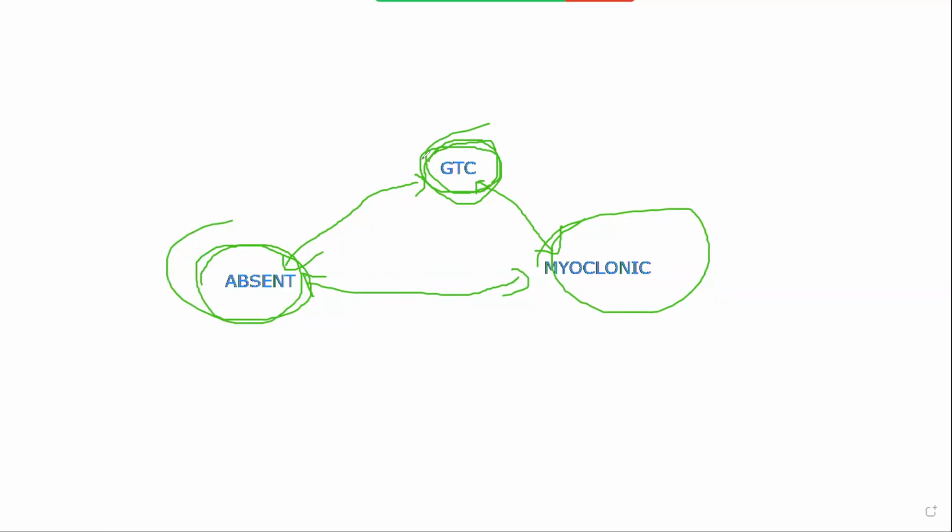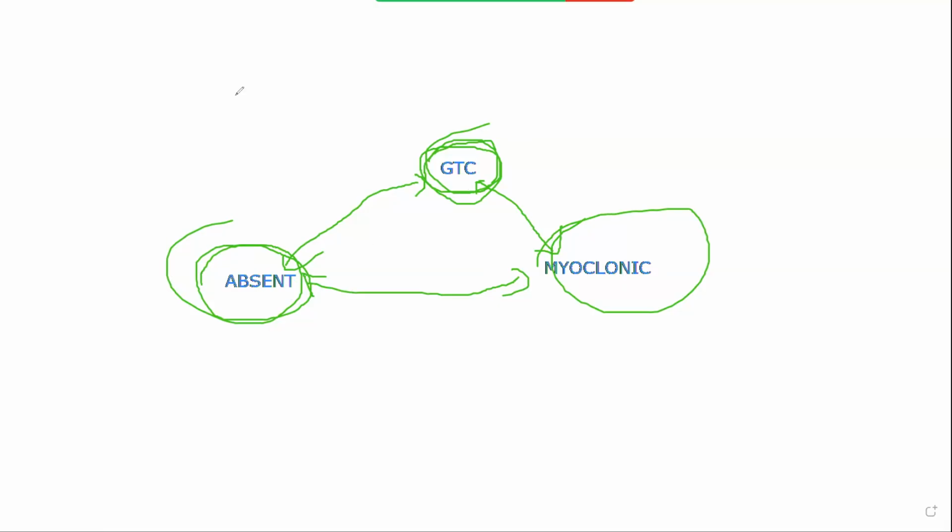Okay. Generally, these generalized tonic-clonic seizures are the more dramatic ones. So even if they have one of them, the diagnosis of an epilepsy or seizure occurs after this. But if you go into detail in the history, you might find out that the myoclonic seizures are even more predominant. You might find out that absence seizures are more predominant.